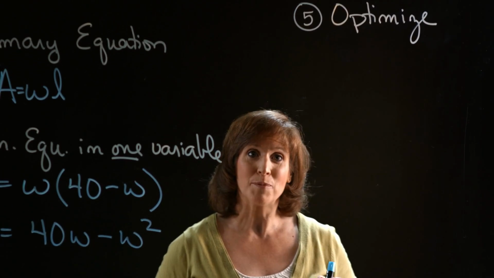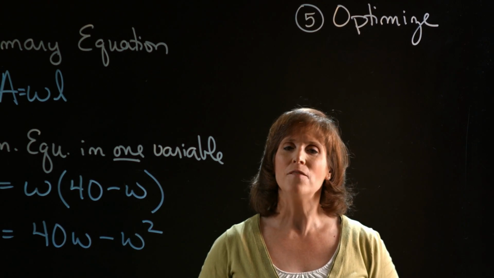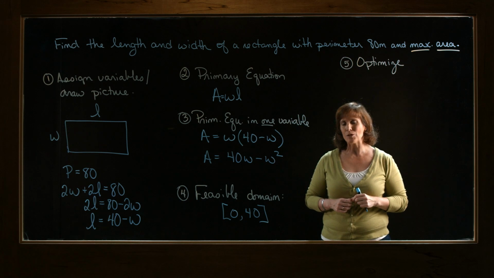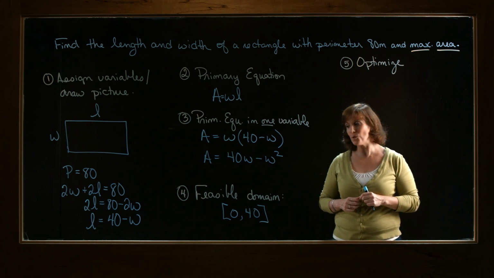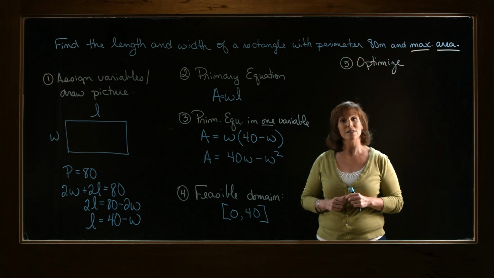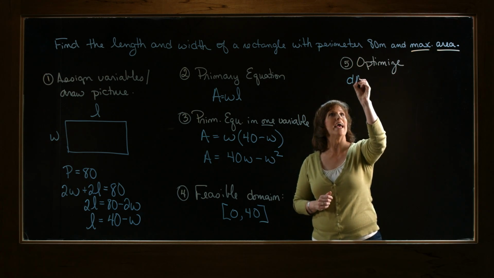So now we want to optimize, which in this case means finding the maximum. And in fact, we want to find the absolute maximum. We know that absolute maximums can occur at the critical numbers, but they can also occur at the endpoints. We've already established the endpoints, so let's find those critical numbers. So we have to find dA/dW.